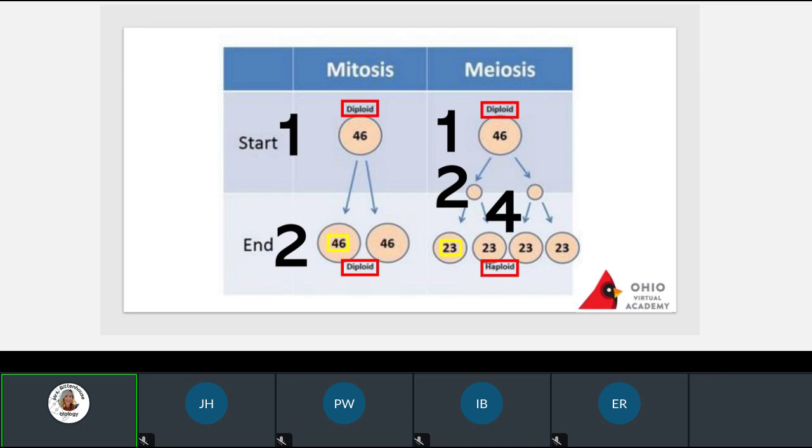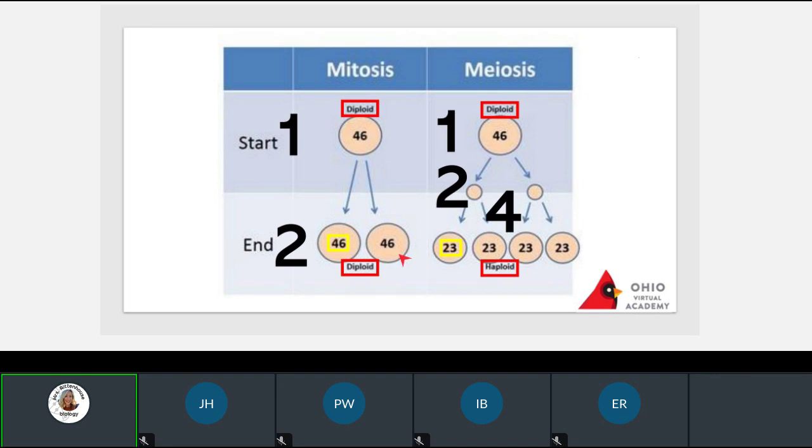That is how they are created, through the process of meiosis. Now let's look at this diagram for a minute. We looked at this yesterday. I think Justin was a step ahead of us in his reading and his preparation, but we started with one cell and got two identical cells.